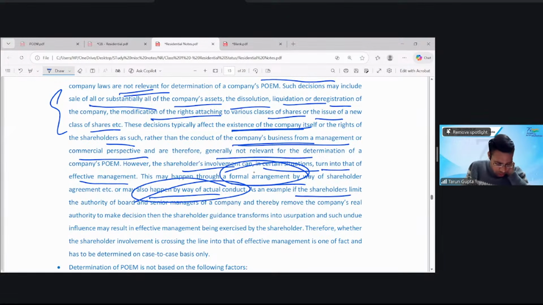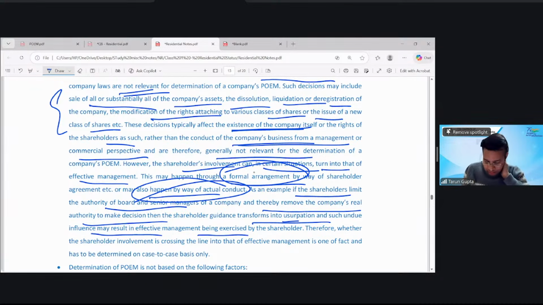As an example, if the shareholder limits the authority of the board and senior managers of a company and thereby removes the company's real authority to make decisions, then the shareholder guidance transforms into usurpation, and such undue influence may result in effective management being exercised by the shareholder. See, we all know the shareholder is different from the company. The company is run by the board of directors.